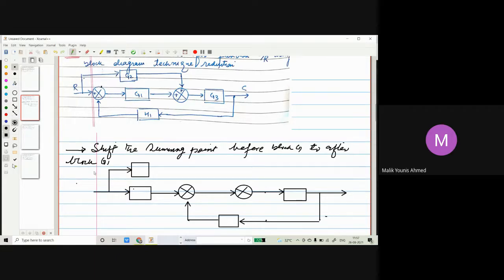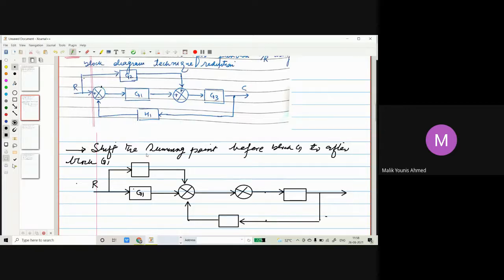Let's have a look. This R is here intact. This summing point has been moved here. So here it will be block G1. We have to take one signal. This signal is like this.